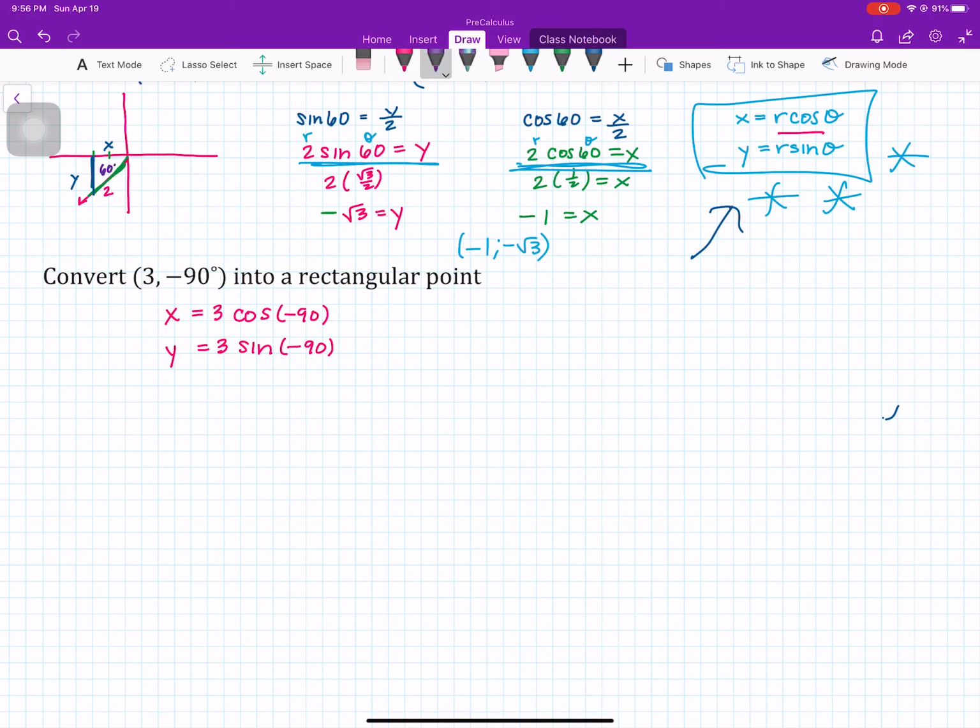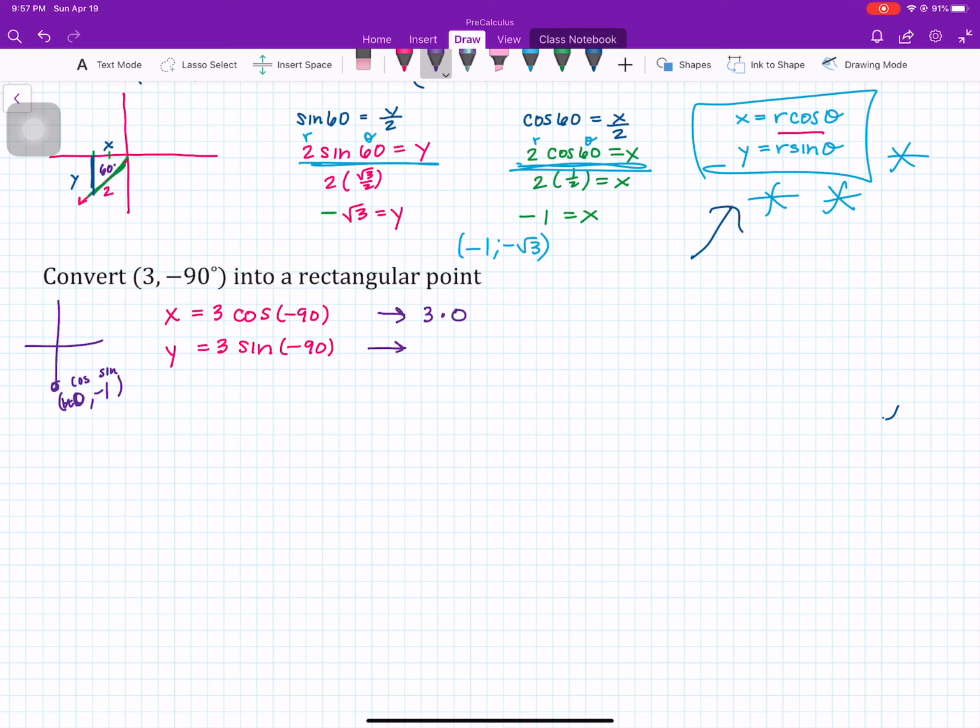Again, if you choose to put it in your calculator, make sure that you're in degree mode. If you're choosing not to do it in your calculator, negative 90 is down here. So your x is going to equal 3 times the cosine of -90, which is 0.